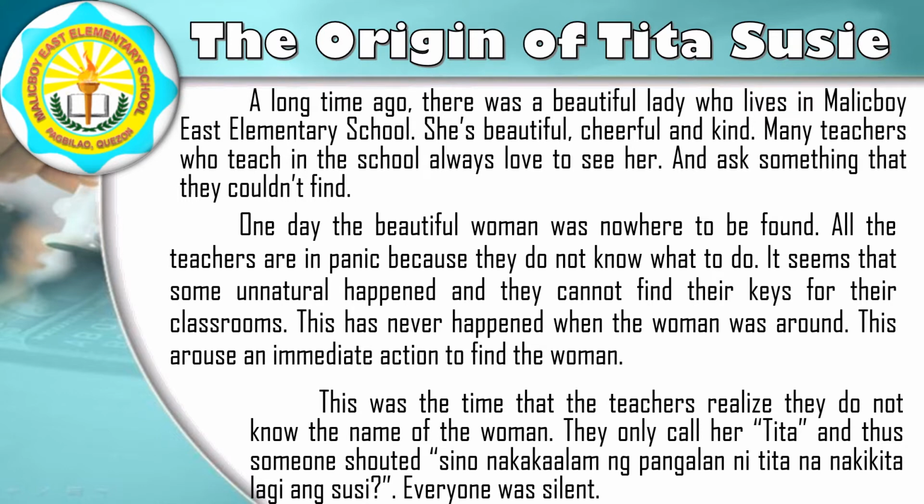This was the time that the teachers realized they did not know the name of the woman. They only call her Tita, and as someone shouted, "Sino nakakaalam ng pangalan ni Tita na nakikita lagi ang susi?" Everyone was silent.